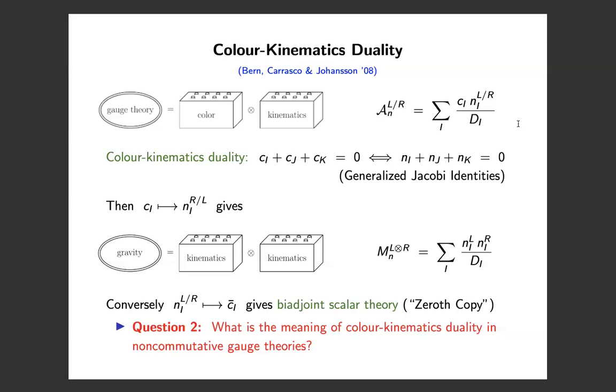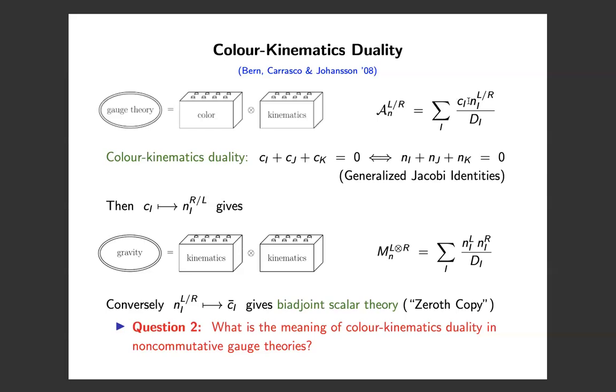You write down a tree level amplitude, you're going to have propagator factors coming in, and that's what these D's are, products of Mandelstam invariants. And then the N's are kinematic numerators. They're all the other things that come from the interaction vertices. But the point here is that you can strip the color from the kinematical factors in this way.